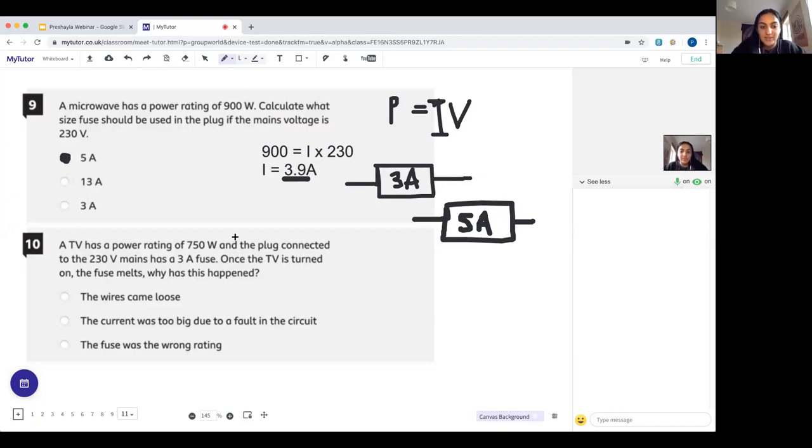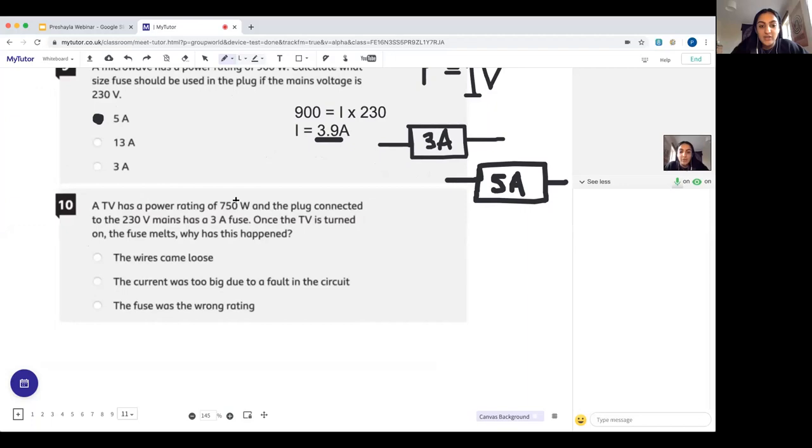So we'll try again for this one. We've got a power rating of 750 and the plug is again connected to mains, which is always 230 volts. So first things first, we need to find out the current. Now, power equals I times V. Power here is 750 and I times 230.